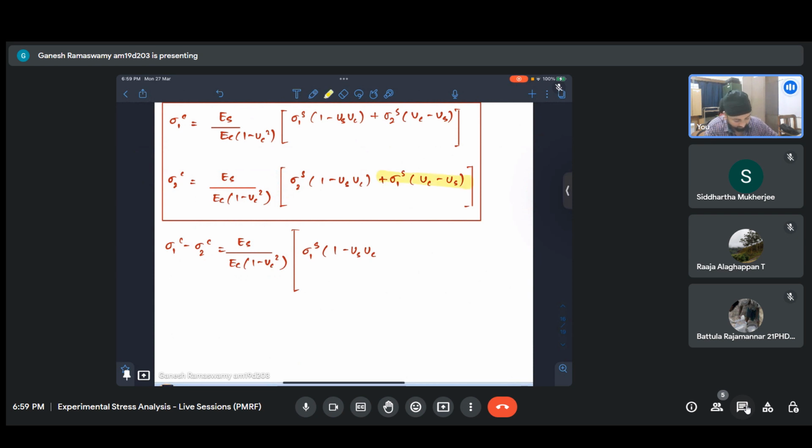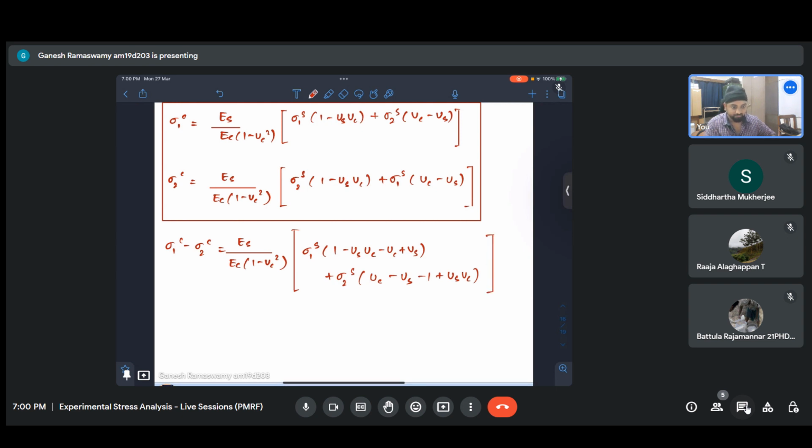So I'll just pull that out and write it as common, minus mu s minus mu c plus mu s. Okay. Plus sigma 2s into mu c minus mu s minus 1 plus mu s mu c. If I subtract these out, this is the expression I will get.